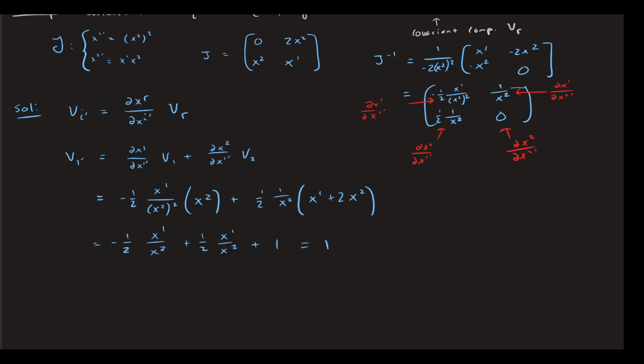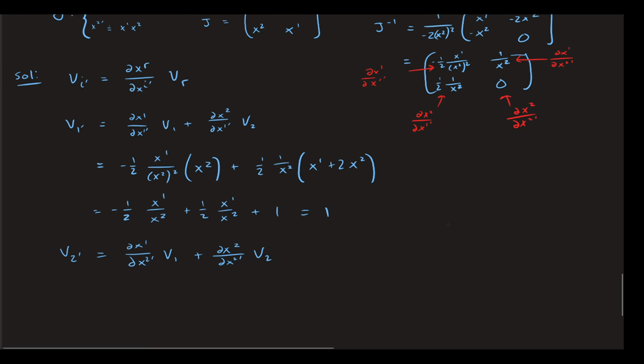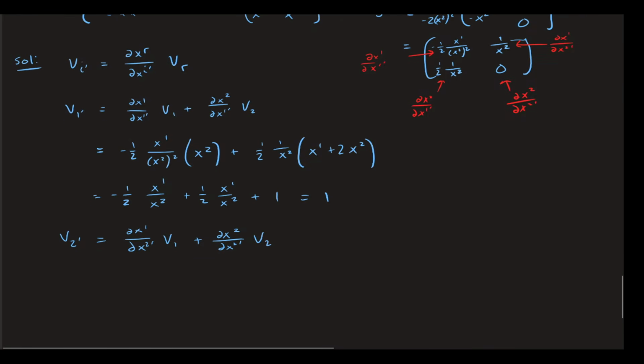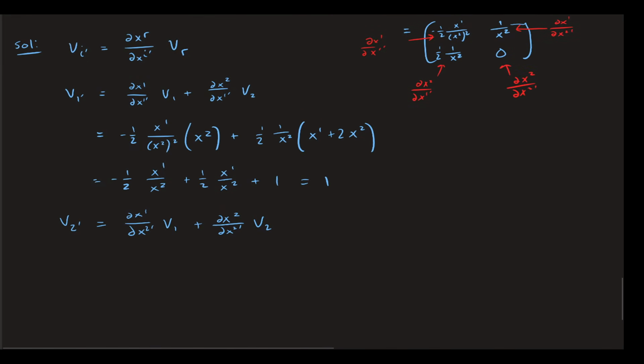Okay, what about v2? v2 prime would be equal to partial x1 partial x2 prime v1 plus partial x2 partial x2 prime v2. So v1 and v2 stay the same, but the partials, we changed those.